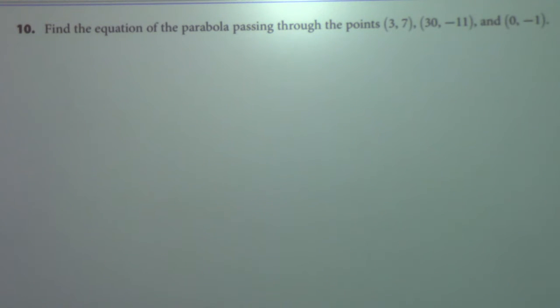So now, for number 10, it's find the equation of the parabola passing through the points 3, 7, 30, -11, and 0, -1. Well, how would we work out something like that? No clue for that?